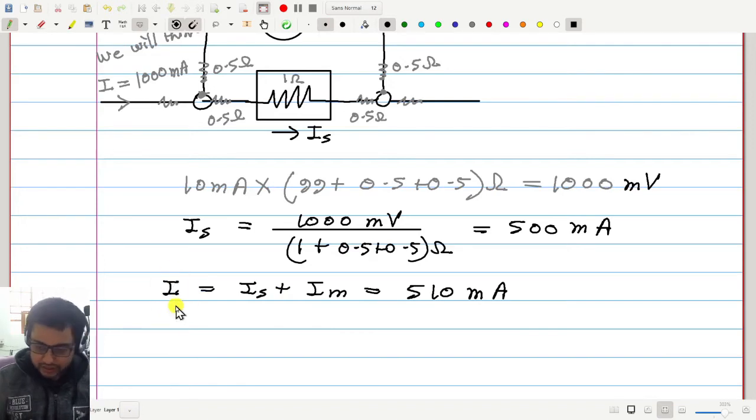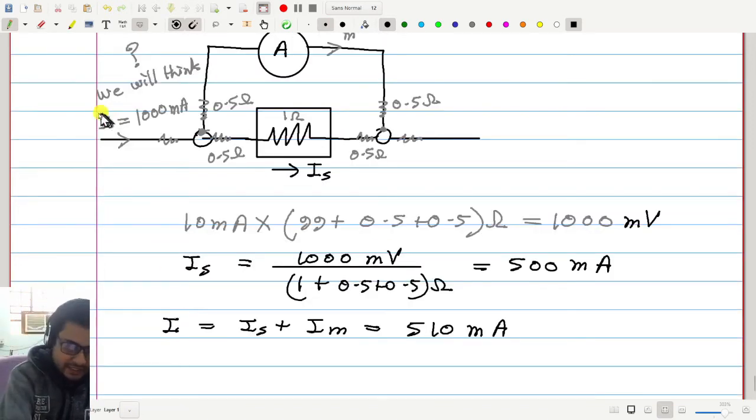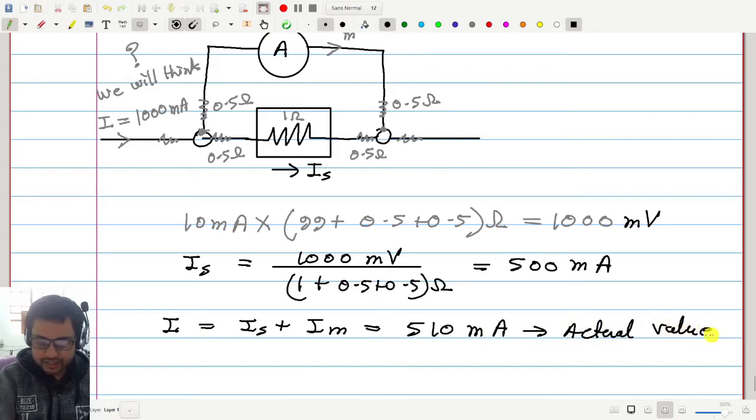But we are thinking this is 1000 milliampere. According to our calibration, this is 1000 milliampere, but actually this is the actual value, and this is the estimated, thought value.